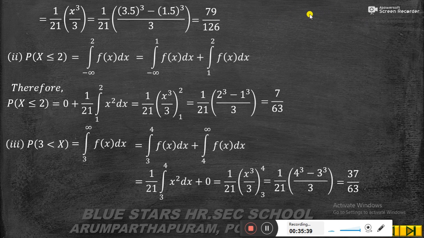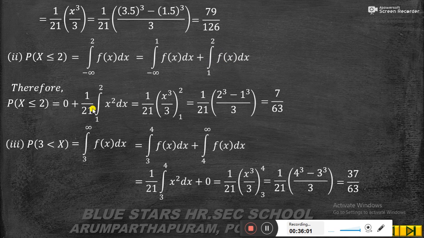So minus infinity to 2 splits into minus infinity to 1 f of x dx plus 1 to 2 f of x dx. Minus infinity to 1 is 0. Next, 1 to 2: the function is only applicable for 1 to 4.